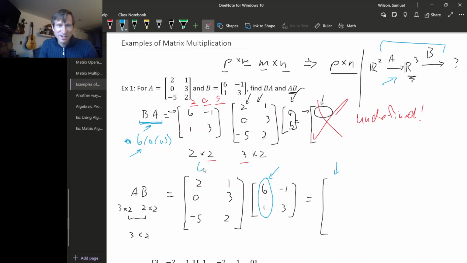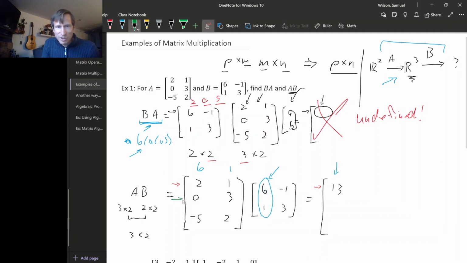So turn it sideways over our matrix. And then, just like with the matrix vector product, sweep downwards doing your multiplication and adding thing. So the first entry here is going to be using the first row there. So 6 times 2 is 12, plus 1 is 13. And now we move down a row.